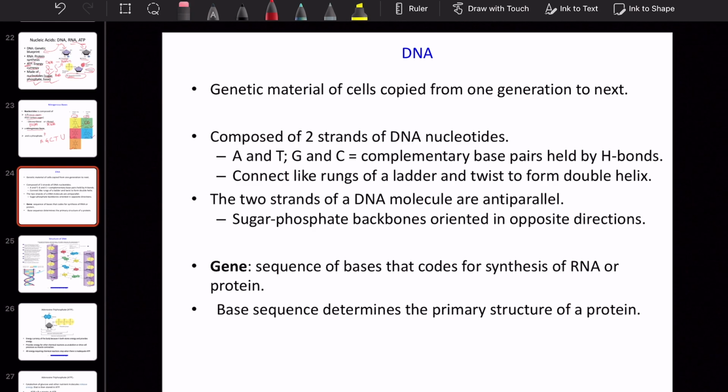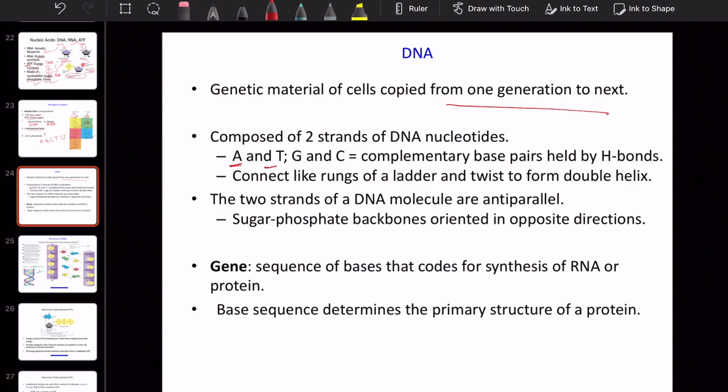So the genetic material of the cell is copied from one generation to the next. DNA is composed of a double-stranded structure, two strands of DNA nucleotides.